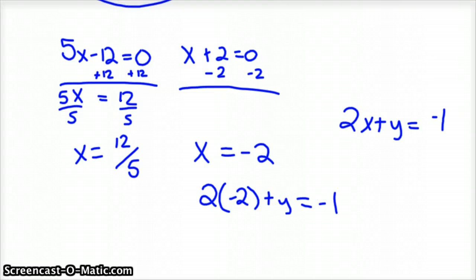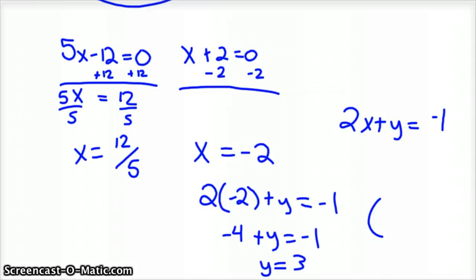You solve that and you'd have -4 plus y equals -1. And so y is equal to 3 because you'd add the 4 over. And so we know that this line and this circle intersect at least at this point, -2 and 3. So we'll check that in GeoGebra to make sure.